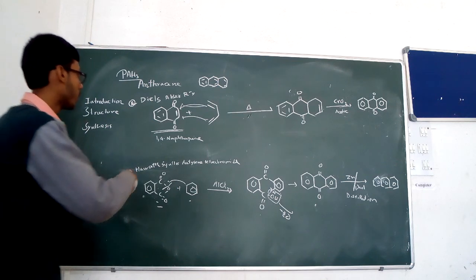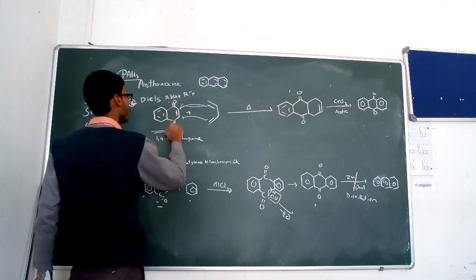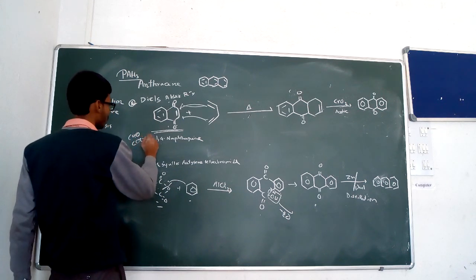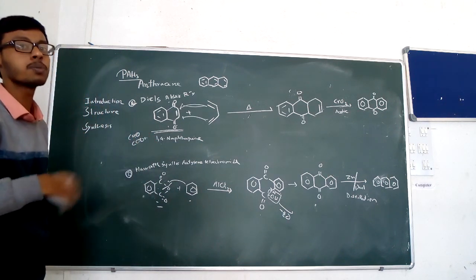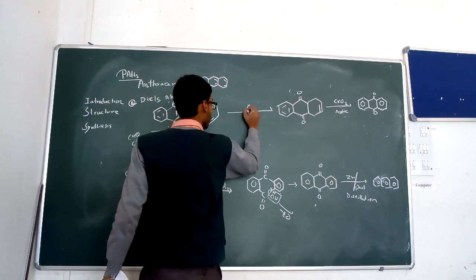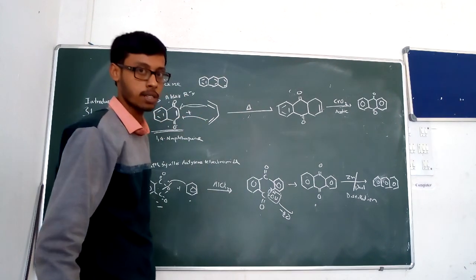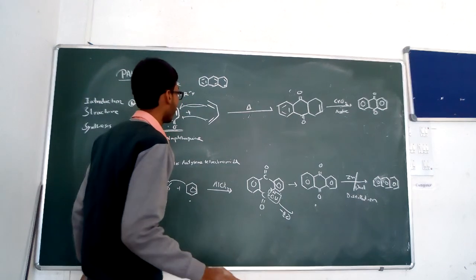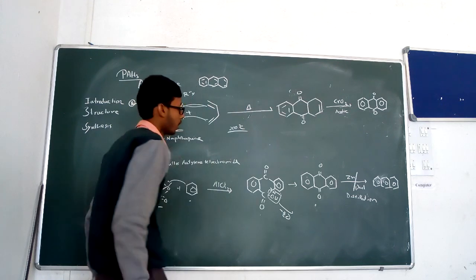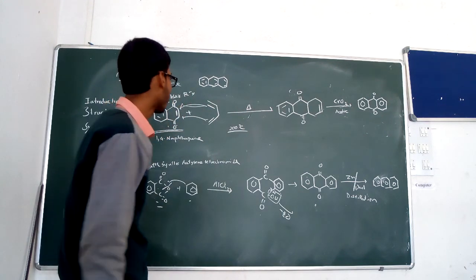because of the presence of this oxygen moiety, or in case it contains a CHO moiety or COOH moiety, the reaction is promoted, so it proceeds at very low temperature. Normally you know that the Diels-Alder reaction occurs at 200 degrees Celsius, that is the 1,4 addition of the alkene molecule.